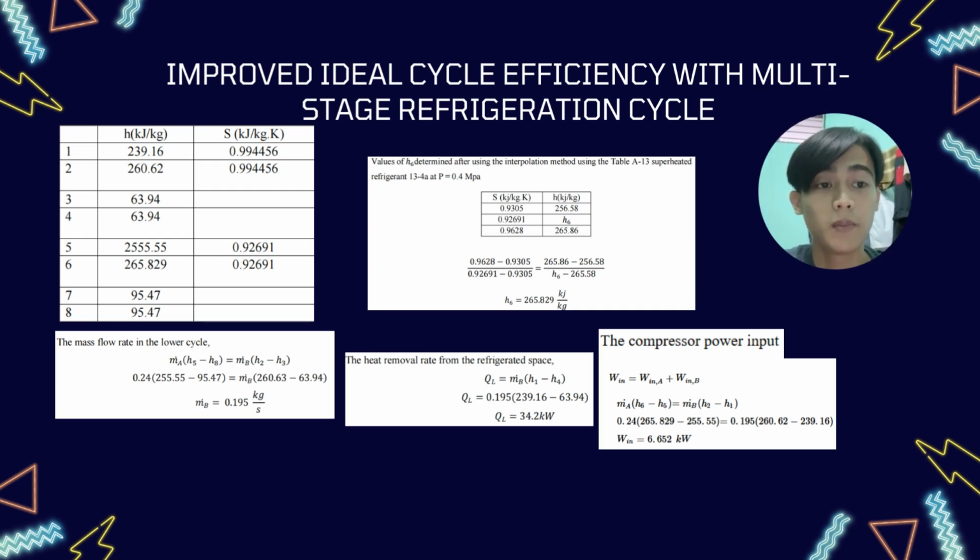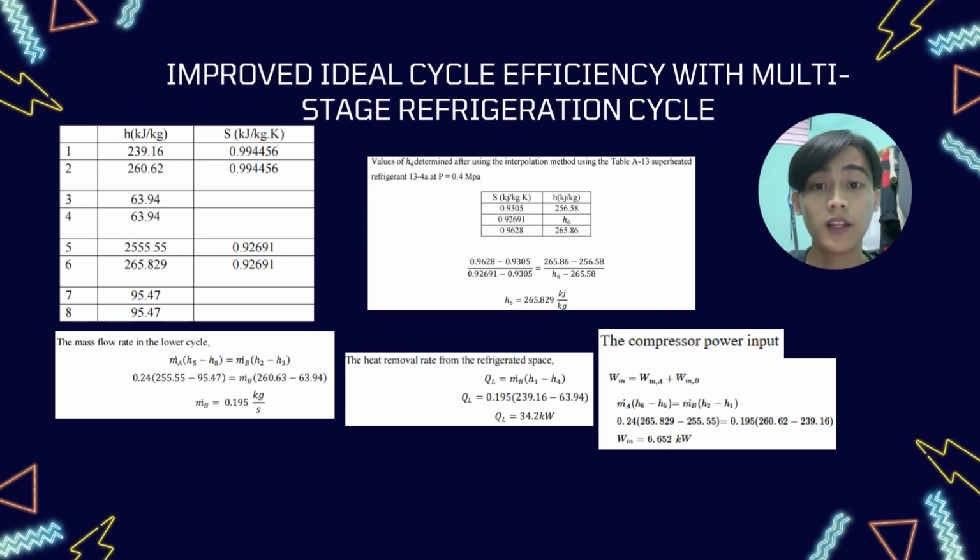And to complete this table, we will find the value of H7 and H8 at the pressure of 800 kilopascal on the pressure table. After referring to the table, the value of Hf is equal to 95.47 for both H7 and H8.